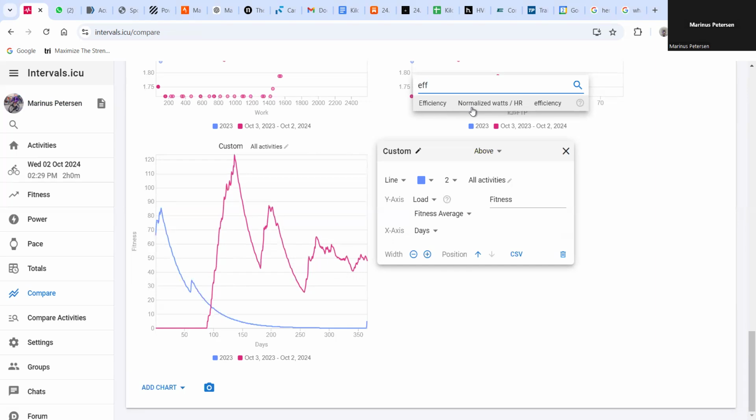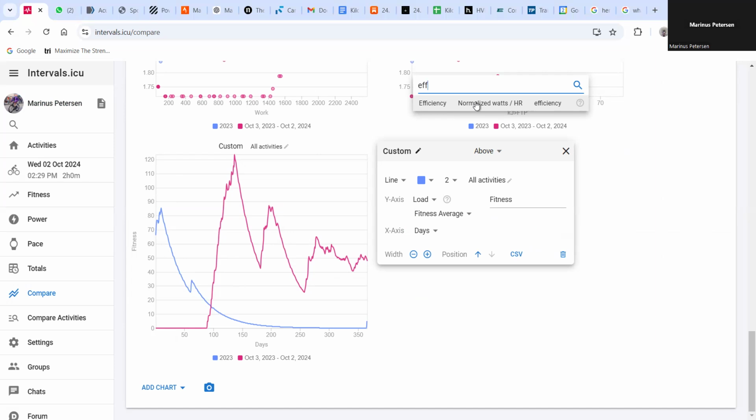But generally, we're looking at efficiency factor as a proxy for whether your central adaptations are improving. We'll go more into that in a minute. It works quite well because if your heart is bigger and stronger, it's going to be able to pump more blood with one beat.